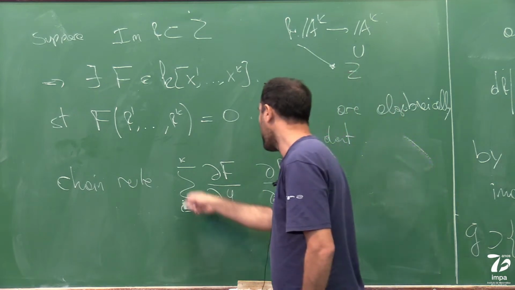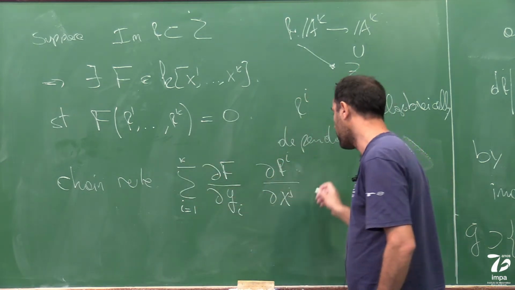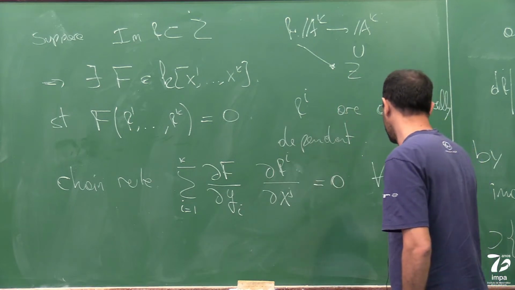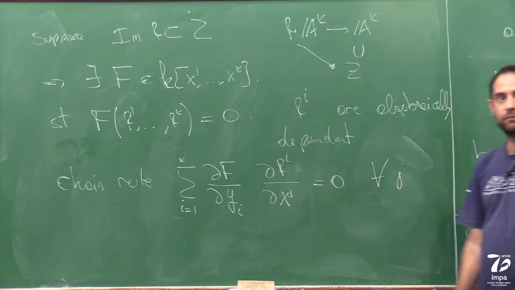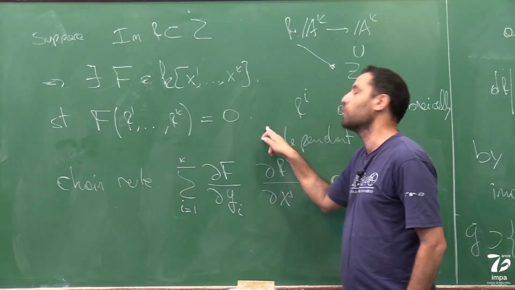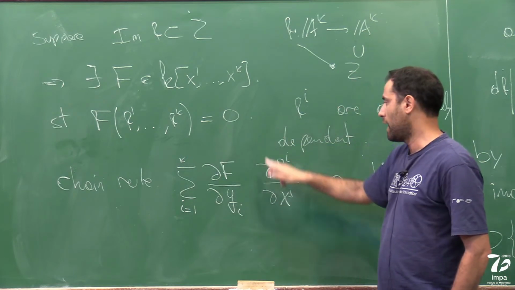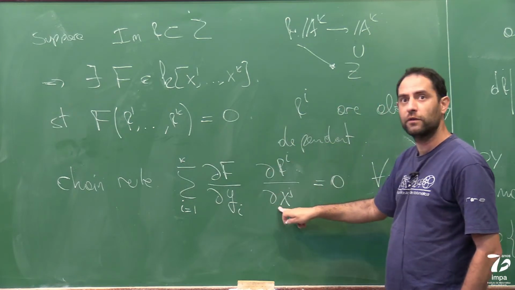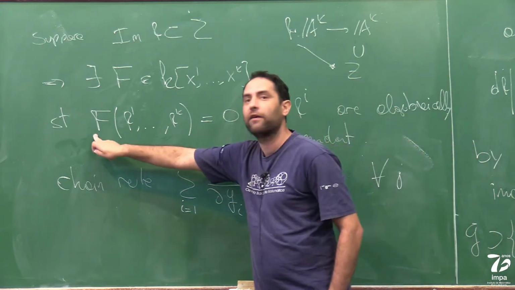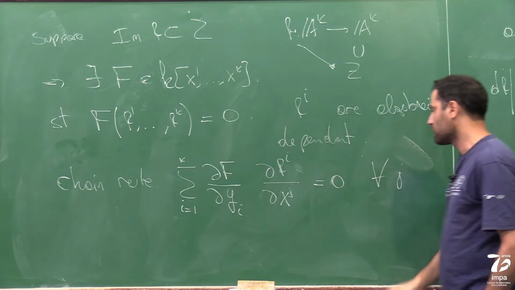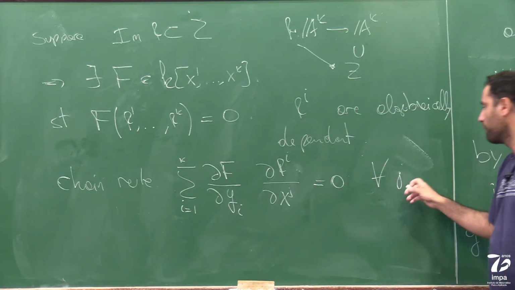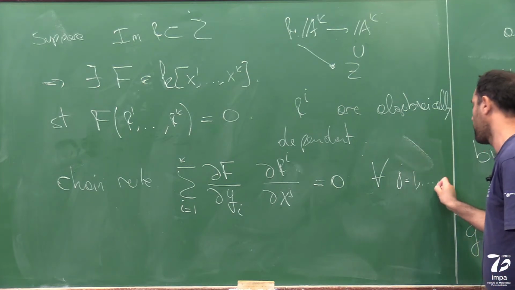The sum is over i, and this thing is 0 for every j. That's just the chain rule, since the derivative of this is constantly 0. This is the matrix of the differential of F, and this is the differential of f, which is just a vector whose components are all 0.